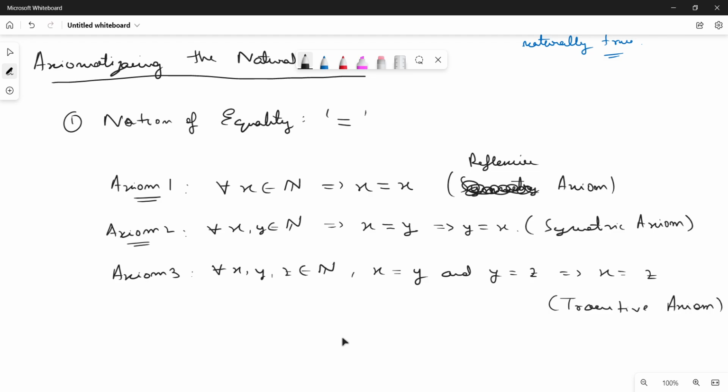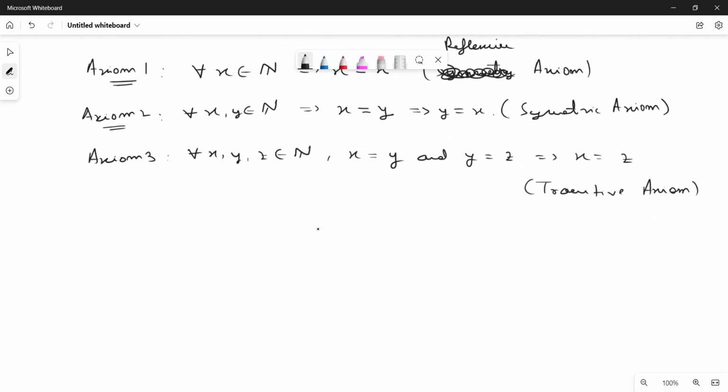Now that we have built up the notion of equality, we build axiom number 4, which says that for all x and y, if x is a natural number and x is equal to y, then y is a natural number.